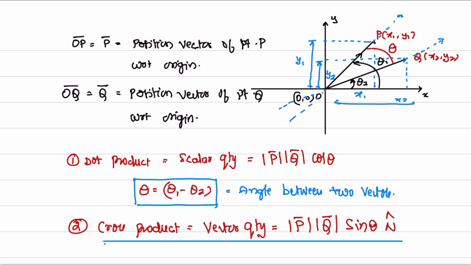N is the normal vector perpendicular to the plane of P and Q. That is the meaning of the cross product.